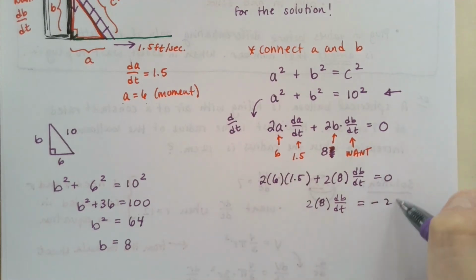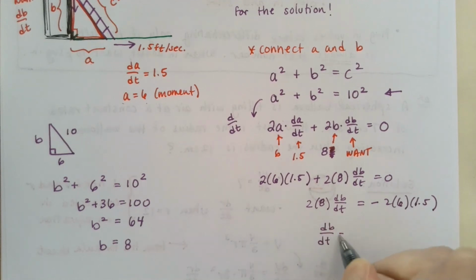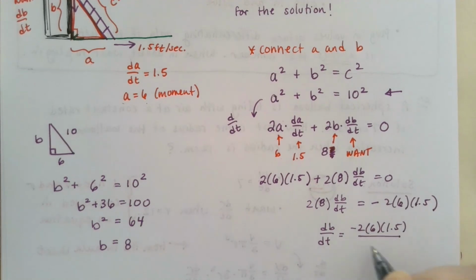So I'll have negative 2 times 6 times 1.5. And then divide both sides by 2 times 8. So dB dt should be negative 2 times 6 times 1.5 over 2 times 8. So if you throw that in a calculator, it comes out to negative 1.125.